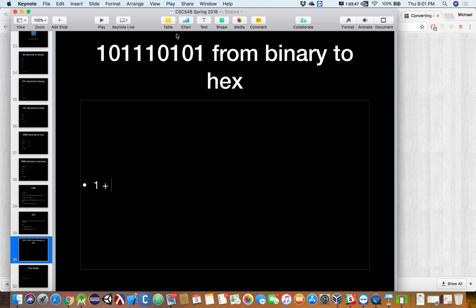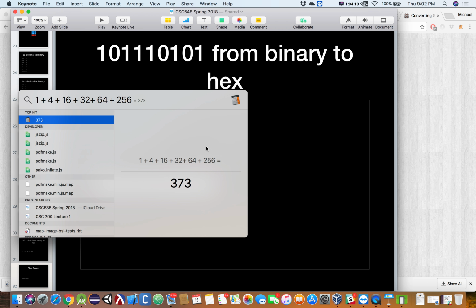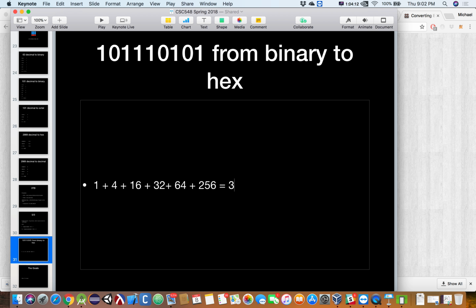So this is a 1 plus a 4, plus a 16, a 32, a 64, plus a 256. 373. So that's 373 in decimal, right? And you see how I did this. So, this is 1 times 1 is 1, plus 0 times 2 is 0, plus 1 times 4 is 4. So I just did a little bit of the math in the middle.